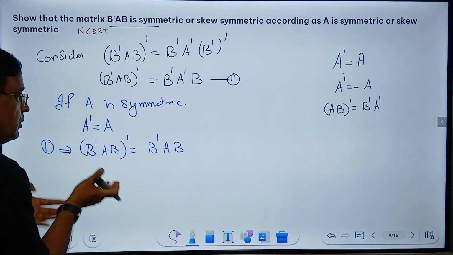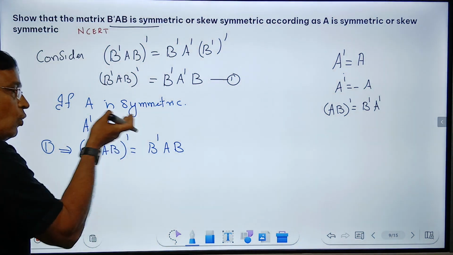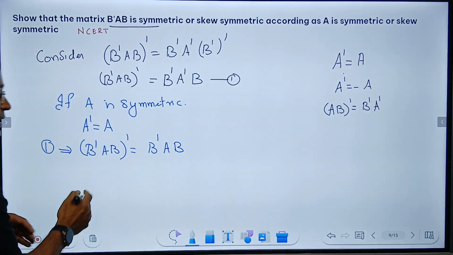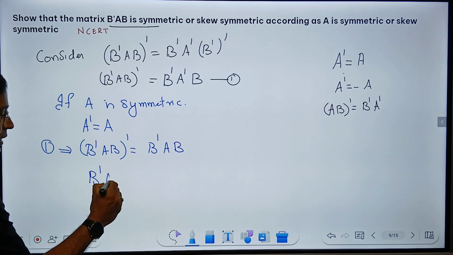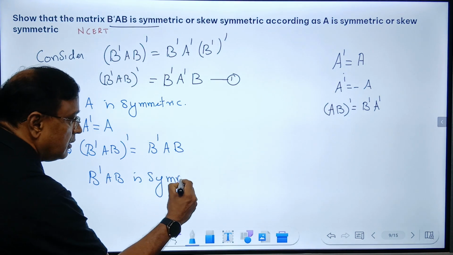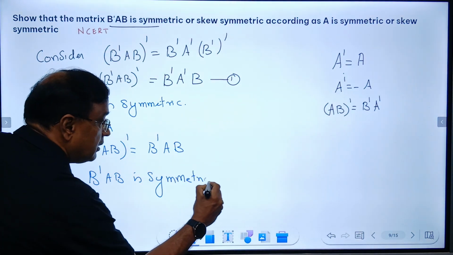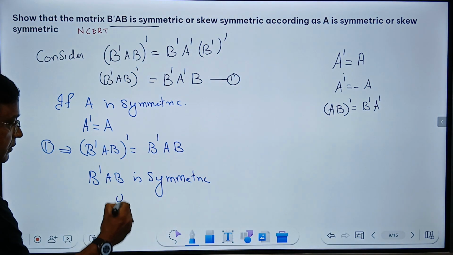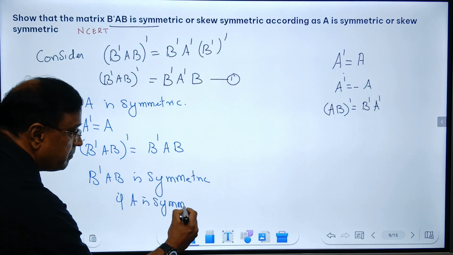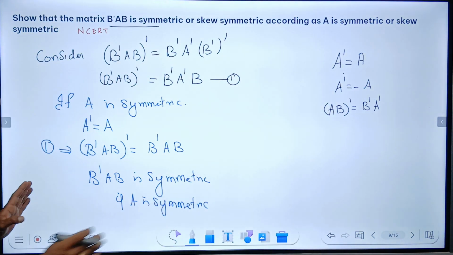So what have we proved? B transpose AB whole transpose, if you get B transpose AB, if you get back the same thing, then B transpose AB is what type of matrix? Is symmetric. When is it symmetric? Only if A is symmetric. I hope that is clear.